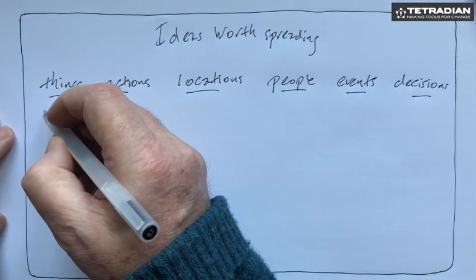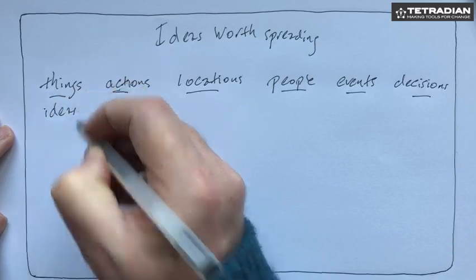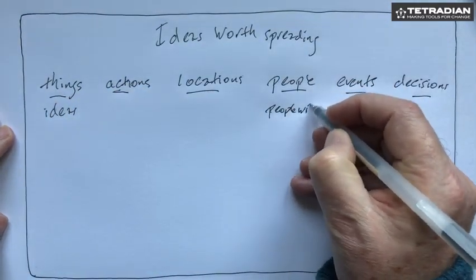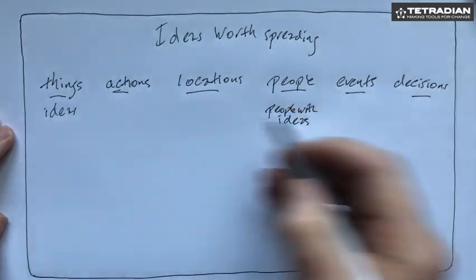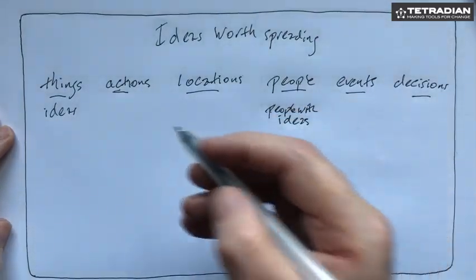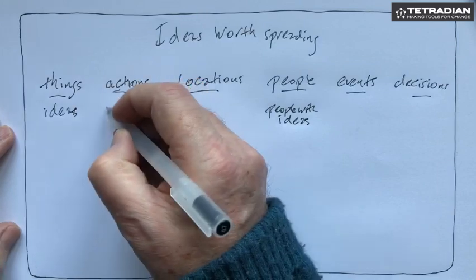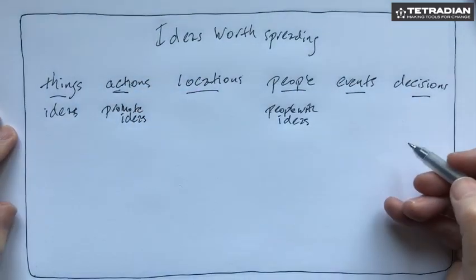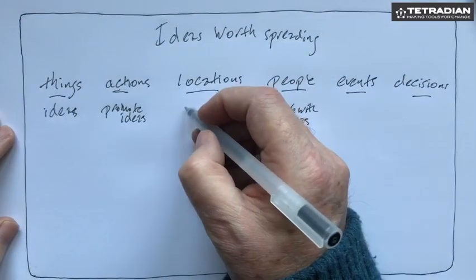Well, the obvious one is ideas, which means we need people with ideas. We're building a relationship straight away. What we're going to do is to promote ideas. It's a conference, so we're going to do it at conference venues.